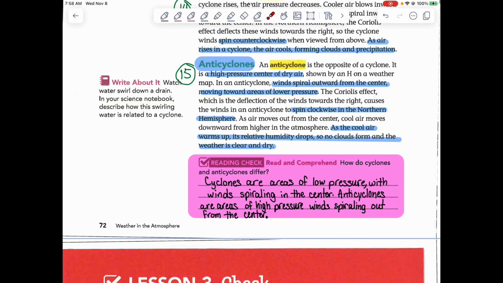And then also I need to know that it spins clockwise in the northern hemisphere. As the cool air warms up, its relative humidity drops. So no clouds form and the weather is clear and dry. So in this case, spinning clockwise would be like this, like a clock goes.